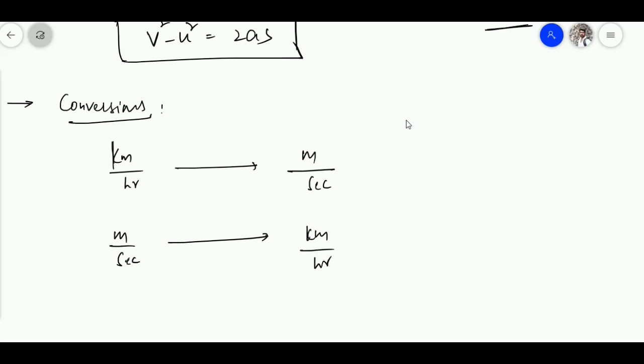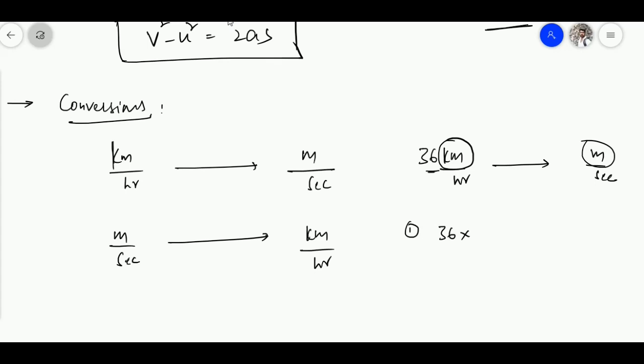Okay. Let's say there is 36 kilometer per hour that I have to convert into meter per second. The first thing you have to follow is take the 36 as it is into, now the crucial part comes, you have to consider the units.